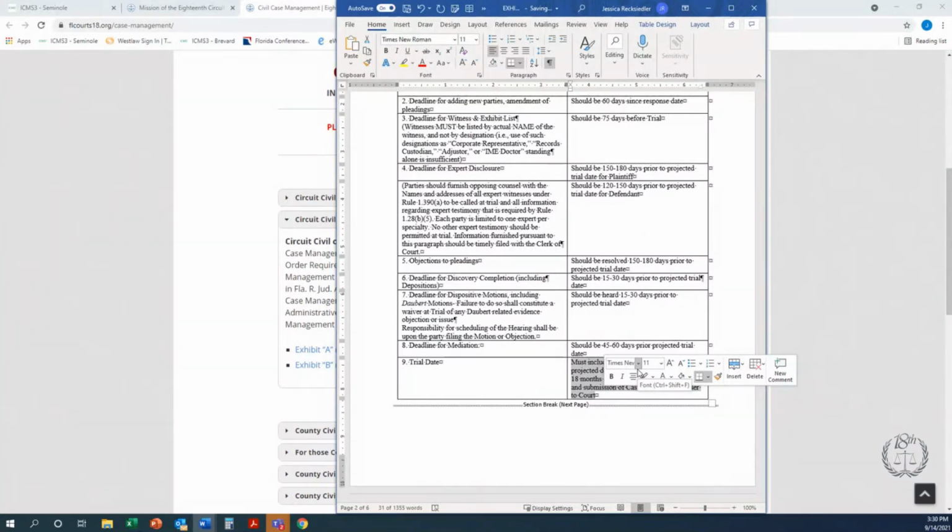So for instance, if you put at this point 18 months out, which would approximately be March 15th of 2023.